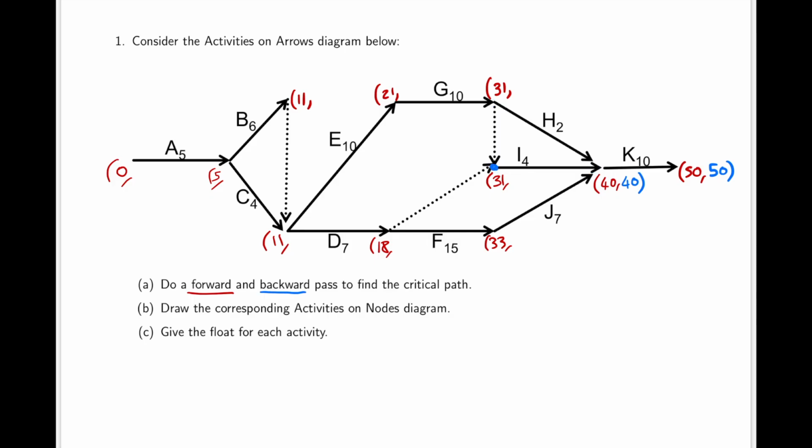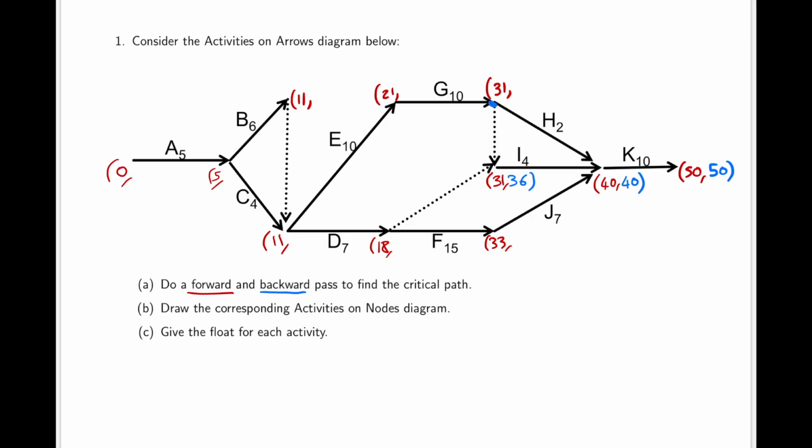So we need to have analysed this node first. What's the latest possible time we can reach this node so that we don't delay this point here, 40? Well, the difference between these nodes is the activity I. I takes 4 time units, and so the latest possible time we can reach this point would be 40 minus 4, which will be 36. Now we can go ahead and analyse this node.